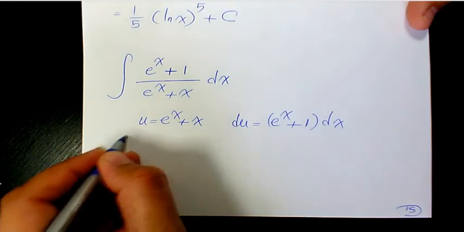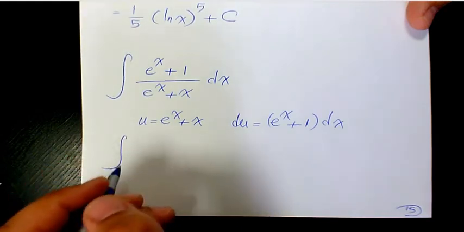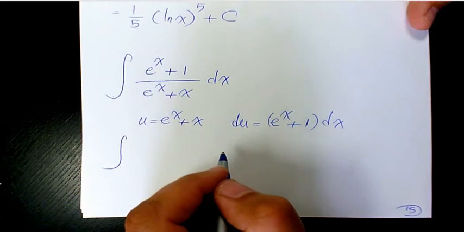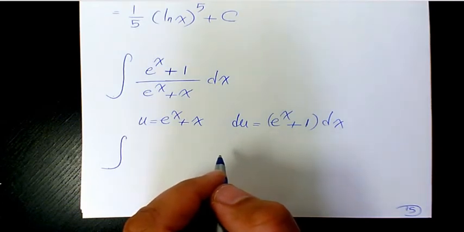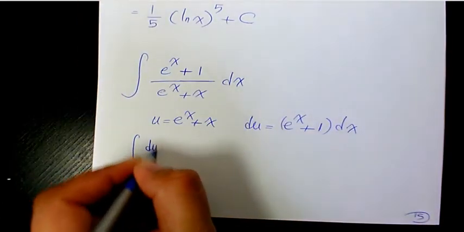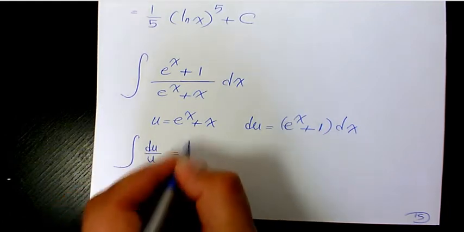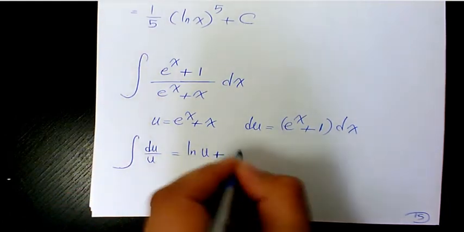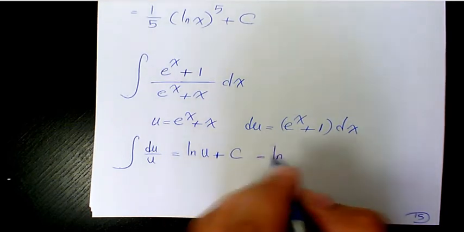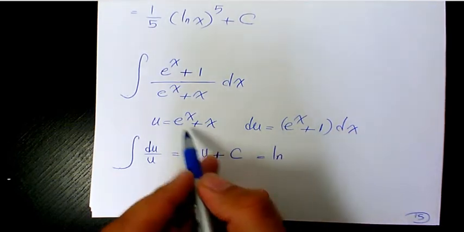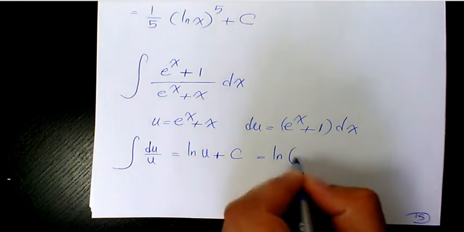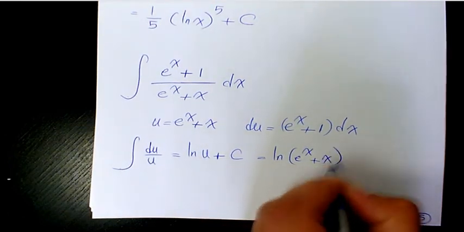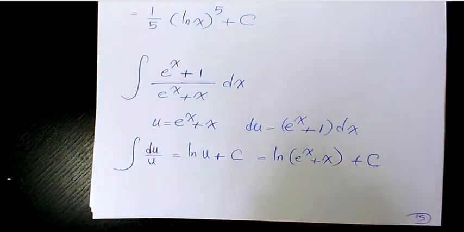So that's going to be du over u, which is going to be ln u plus c. And u is e to the power of x plus x. So ln of e to the power of x plus x, plus a constant number.